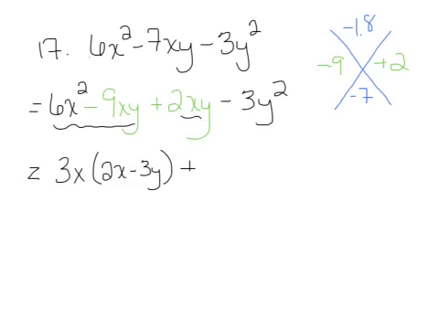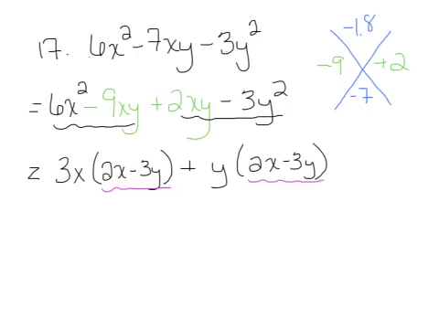And my second group has just a y in common, so I'll factor out the y, and that leaves me with a 2x minus 3y. But now I have a parenthesis of 2x minus 3y that each term has in common.